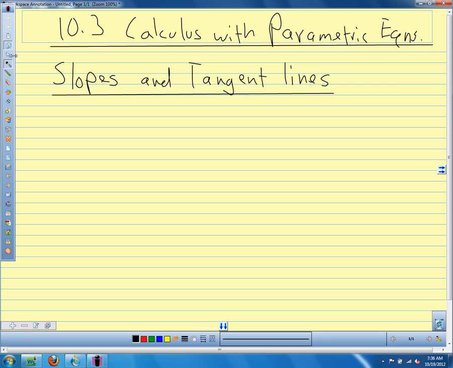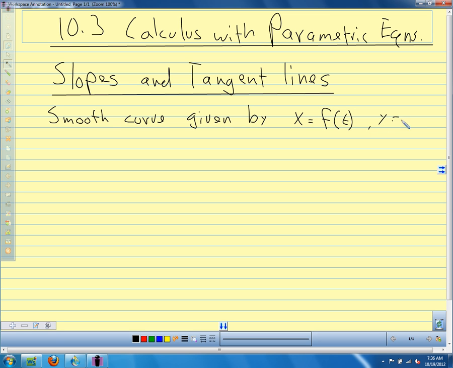So, slopes and tangent lines. We have a smooth curve, and it's given by a pair of parametric equations. So x is some function of t, and y is some other function of t.